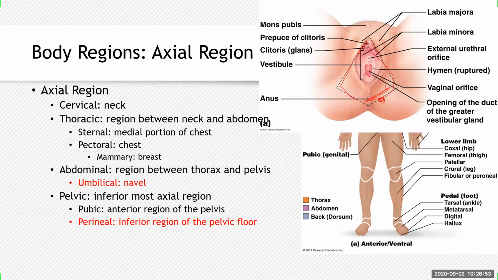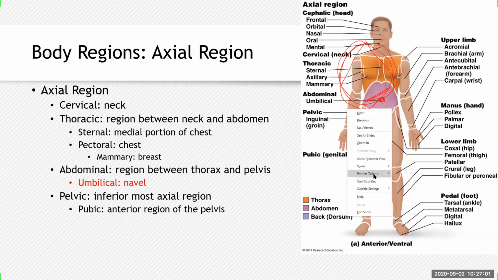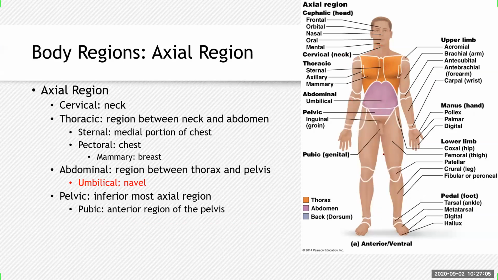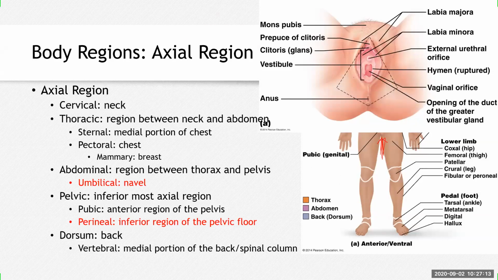So this is your perineal region right here. It's not really depicted well in your textbook, because all they do is kind of point to this area here, but it doesn't really show it to you. So this picture here shows you your perineal region.